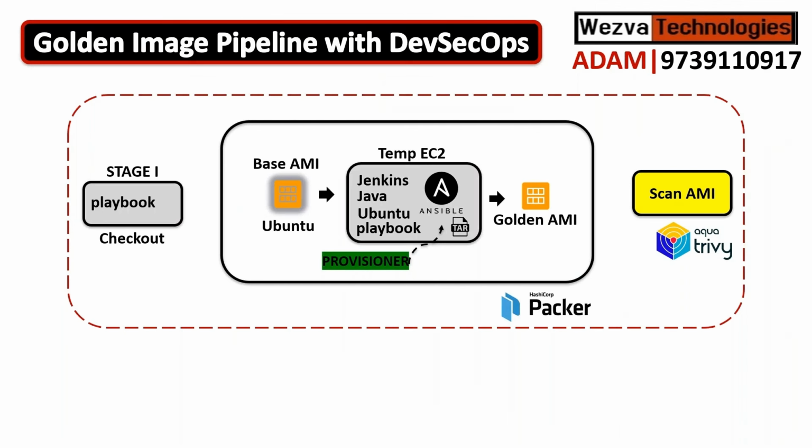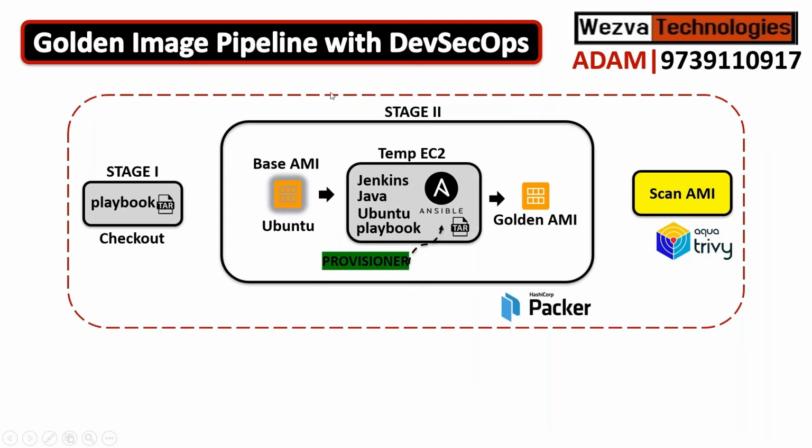So first, let's assume that I'm going to have a pipeline in which I go to a particular machine on which I want to run all of this. On that machine, as a first stage, I will check out and get all the specific files that I need. Then in stage two, we will call Packer, which will create a temporary machine, then call Ansible, and then convert it into an AMI.